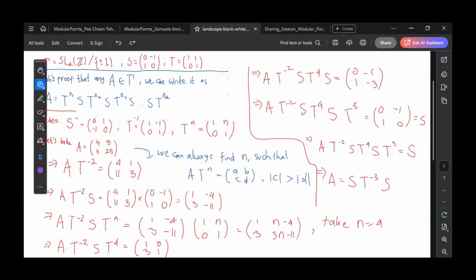Remember that we have shown at the beginning that S inverse and S are equivalent here. So S inverse is S, and so we have expressed A as the multiplication of S and T.